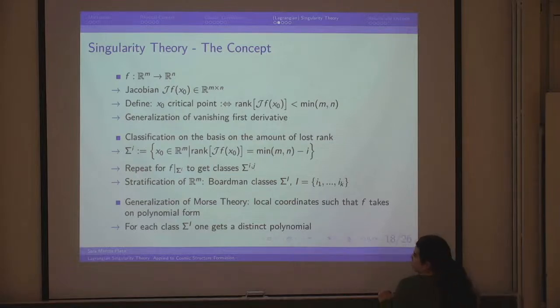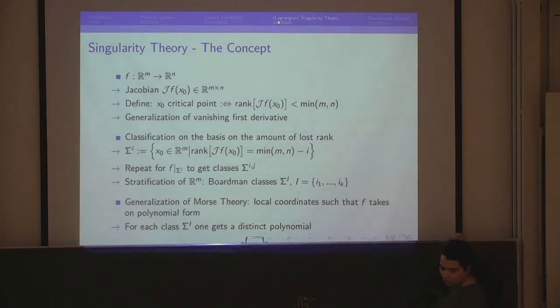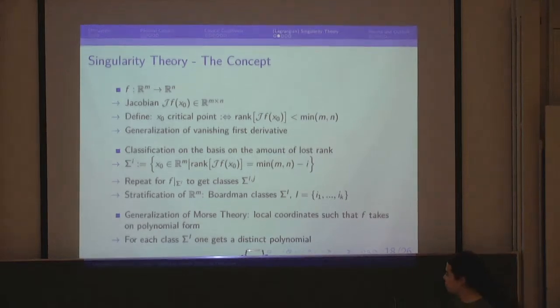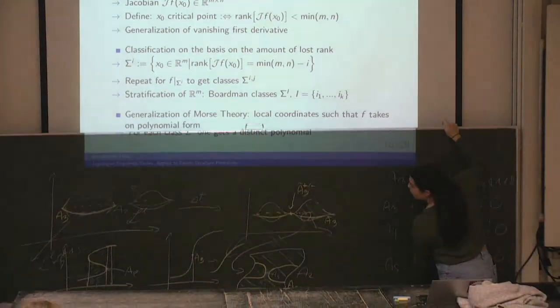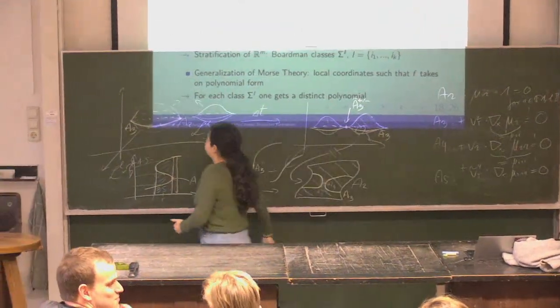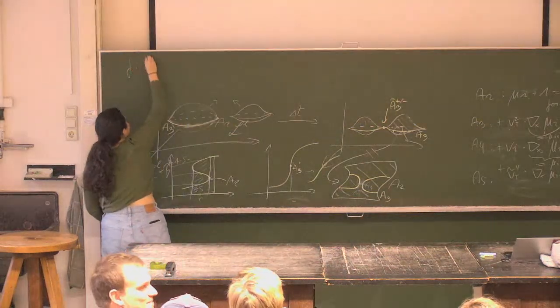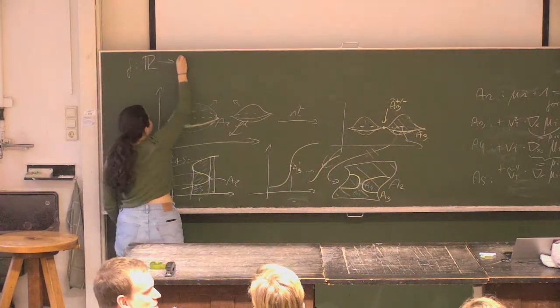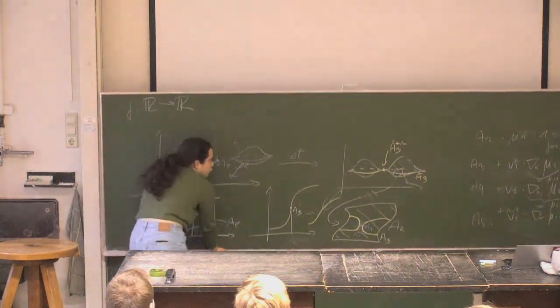Maybe I should try to motivate this a bit more, because the thing with the polynomial is pretty strong. The idea that Morse had when developing this theory was the following. When I have a function from R to R, well, this is full. Let me change the board.